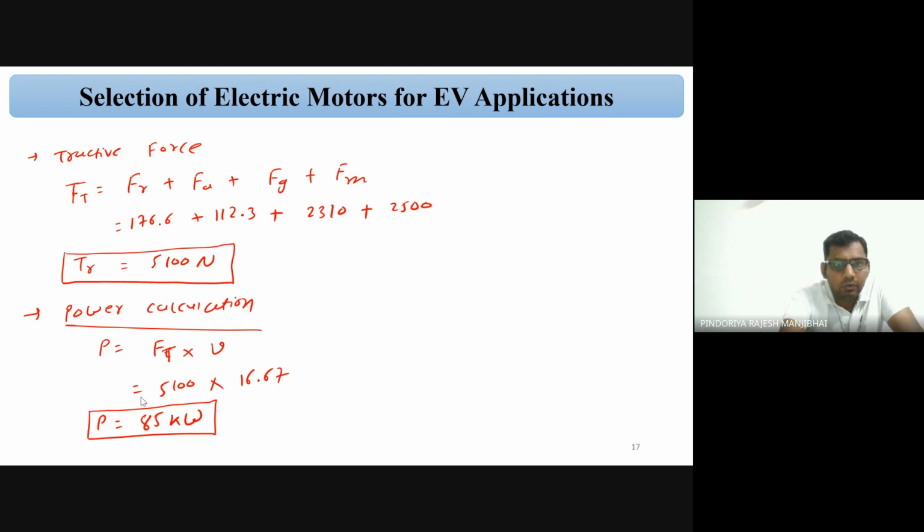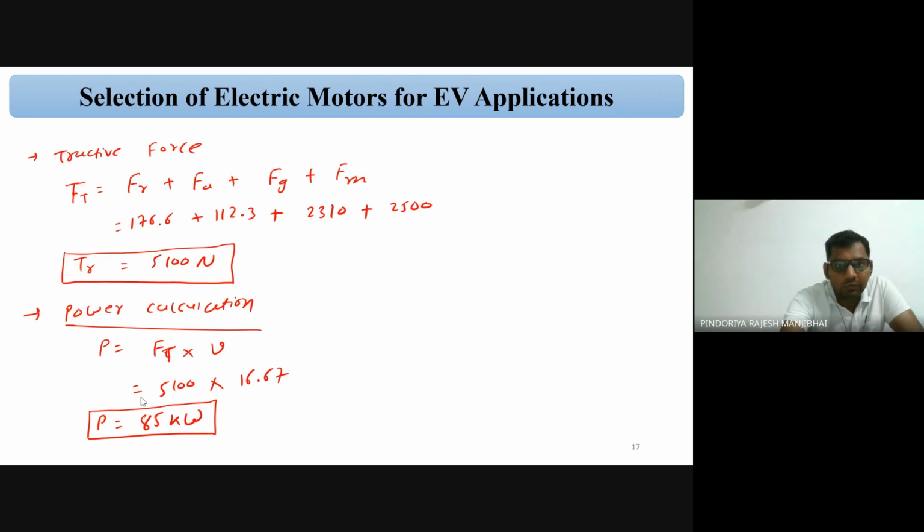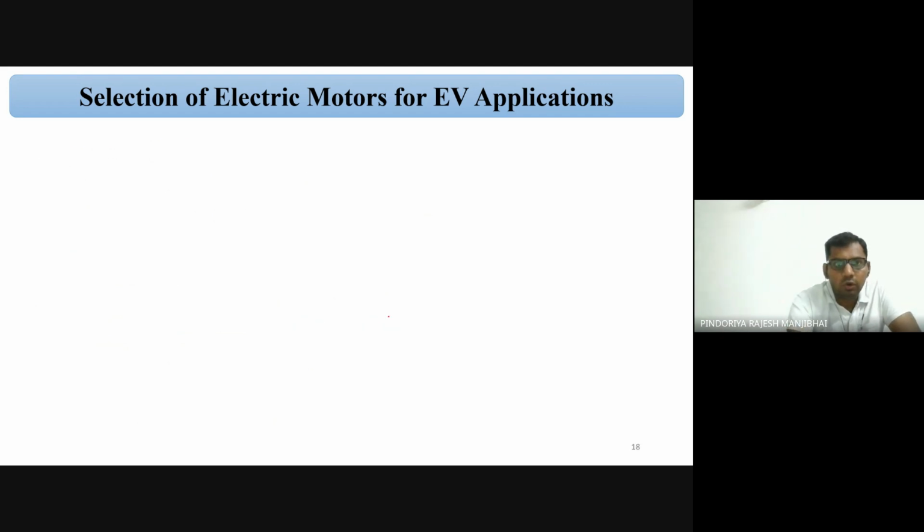So next one we have to calculate, so this one is 8 wheel, correct? So power calculation, 8 wheel. What about the continuous power requirement?